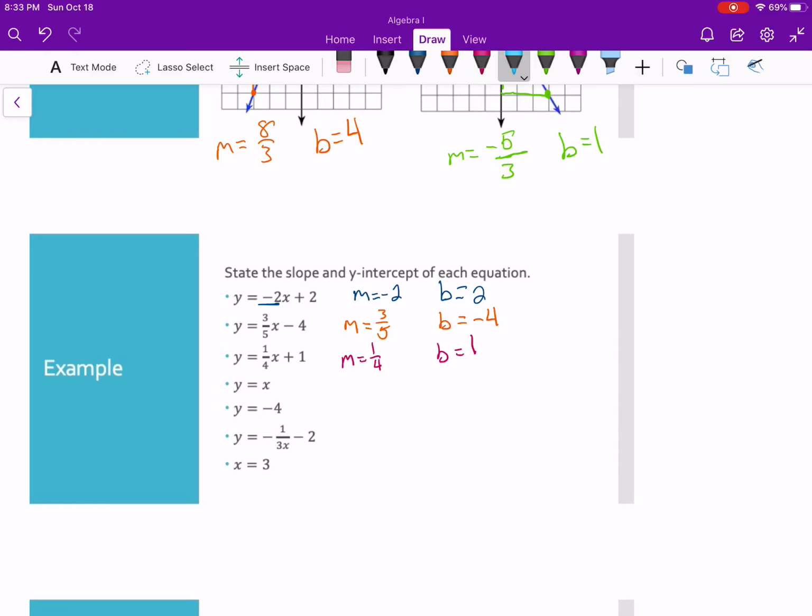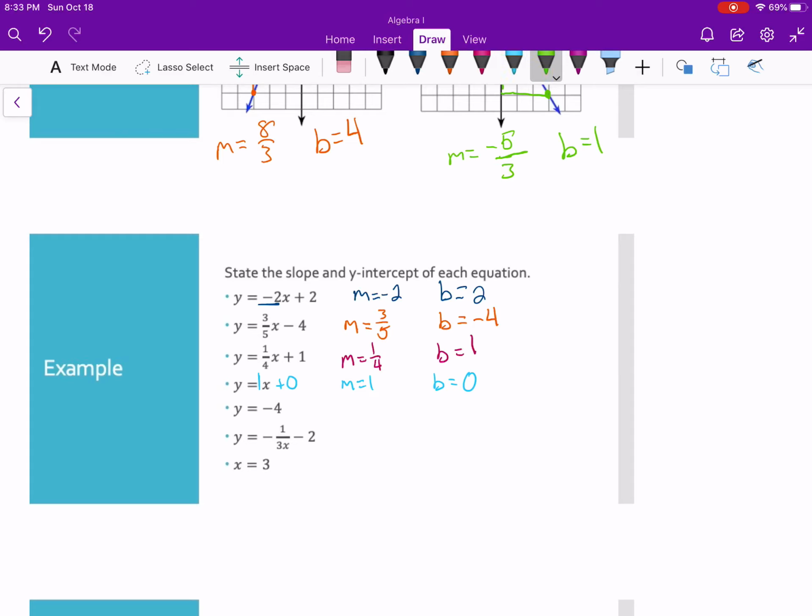The next one, notice that there is no number in front of the x, so we assume it to be 1 because multiplying by 1 doesn't change anything. So it's like there's a hidden 1 here. And it doesn't have a number for b, so we have to think, what number can we add that doesn't actually change anything? In that case, it's 0, so our y-intercept is 0.